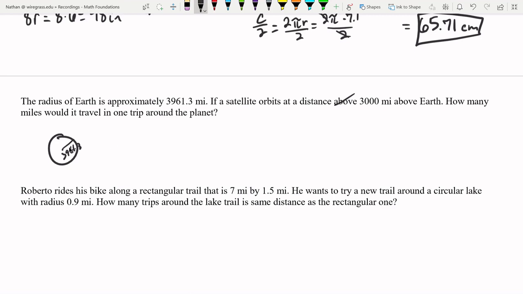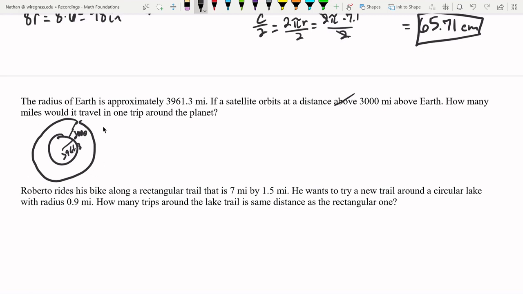Now, a satellite orbits above the surface of the Earth an additional 3,000 miles. The satellite does a circular orbit around the Earth, and the distance of this orbit is the same thing as the miles that it would travel around the planet. This distance here is the circumference of this orbit path if I drew a perfect circle.